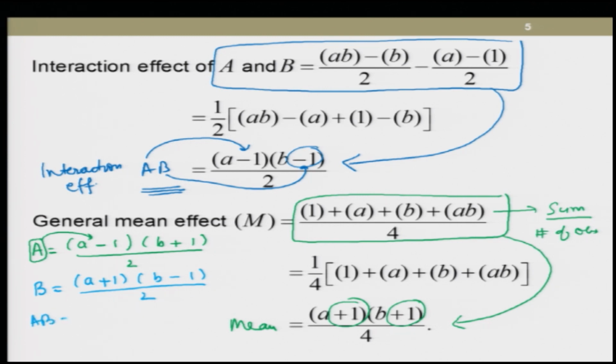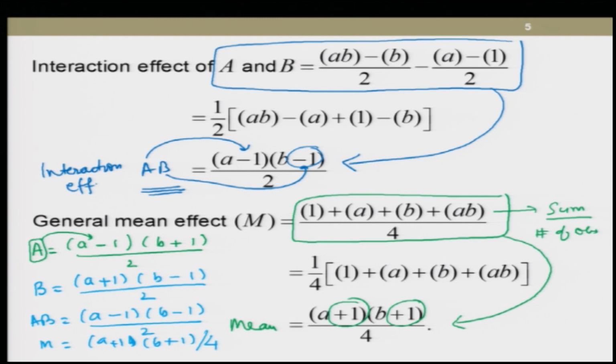Similarly for AB, I write A 1 B 1 divided by 2, and both A and B are present, so I write A minus 1 and B minus 1. And for the general mean effect M, I write A 1 and B 1, and in both cases I write plus 1, but the divisor here is going to be 4.